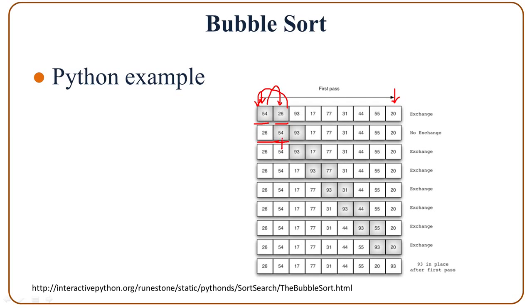Going further, now we are at the second element. 54 is less than 93, so we don't do anything. Moving to the next, 93 is now greater than 17, so here we switch.